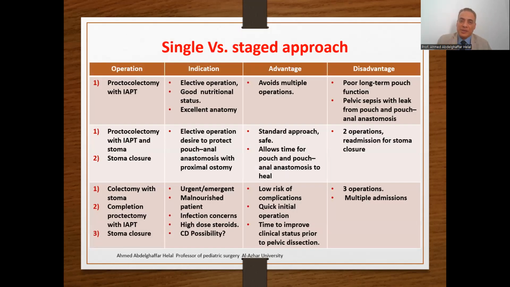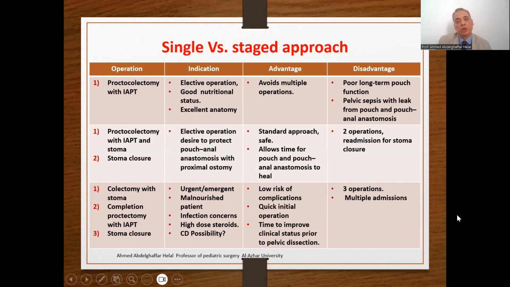This table summarizes the single versus staged approach. This is a single approach. This is 2 stages, and this is 3 stages of surgery. Indication, advantage, and disadvantage.